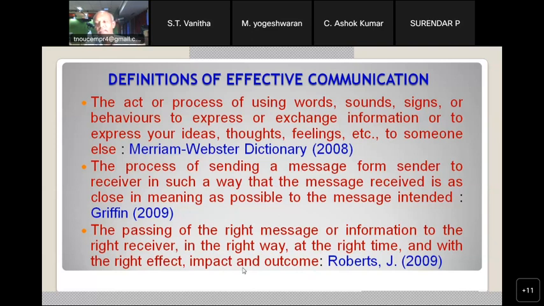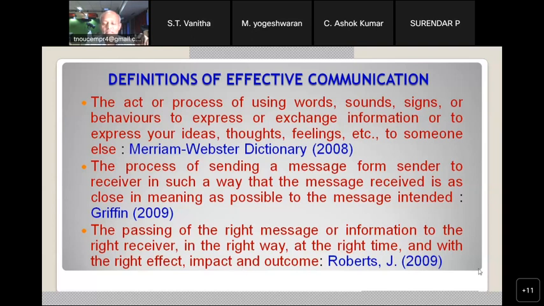And that's why the recent policies are giving more importance to outcome-based education, OBE. That means education is measured on the basis of the outcome. So Roberts defines communication on the basis of the outcome.